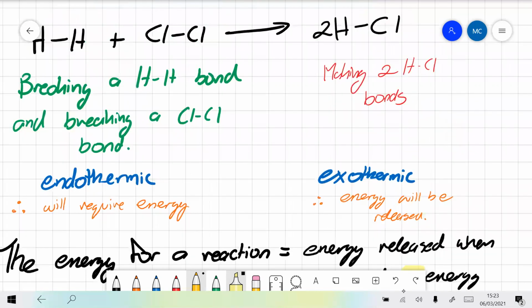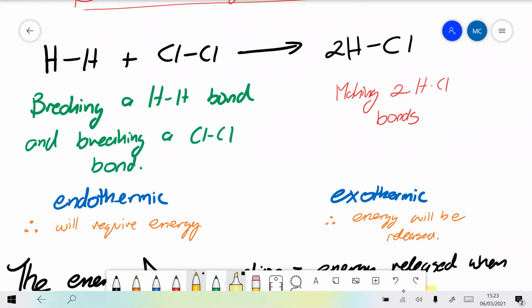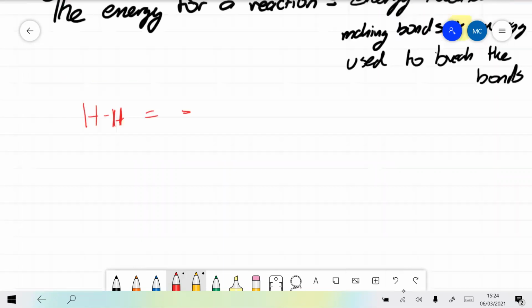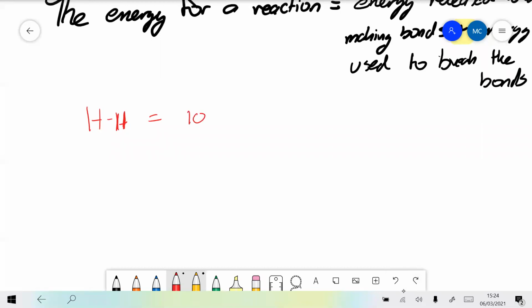Okay? So let's do an example here. And let's use a fictitious example. Let's say that hydrogen bond is equivalent to 10 units of energy.